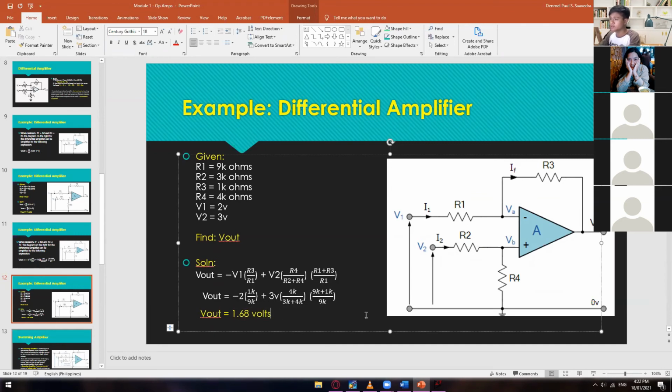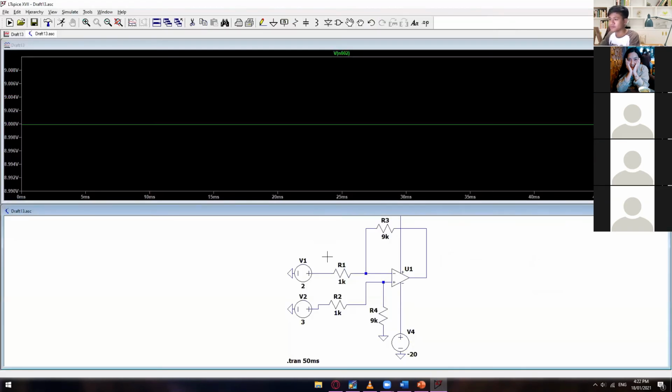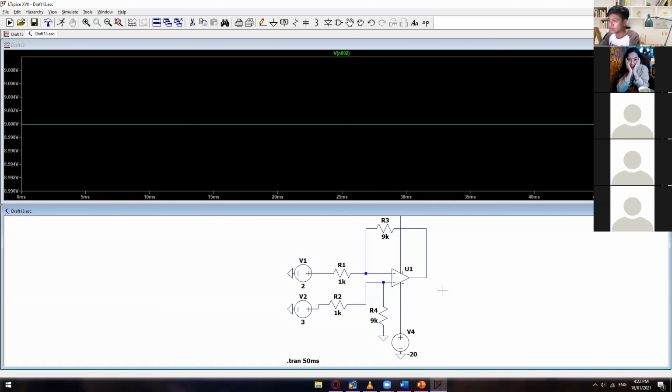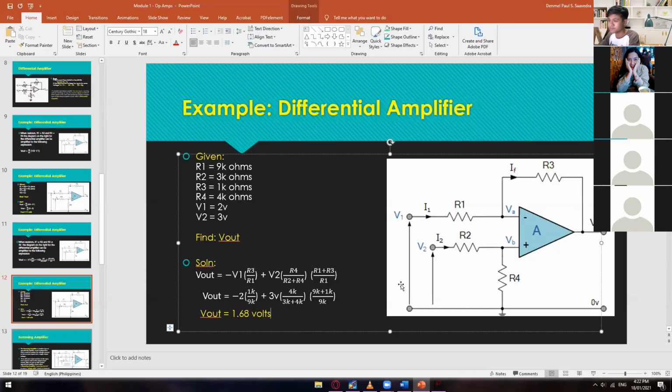So let's see if we have the same values if we do this in LTSpice. Do not analyze this one for now, just analyze this once our discussion is done. I'm just showing you guys that this is an example in actual, and this is how to do that in LTSpice.